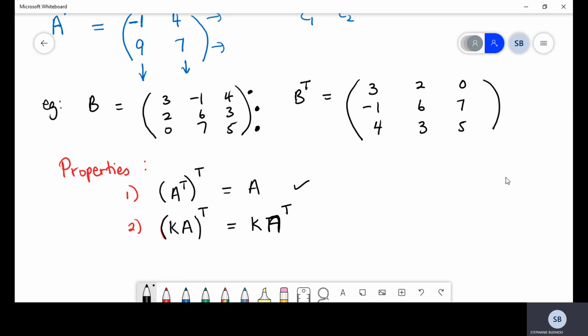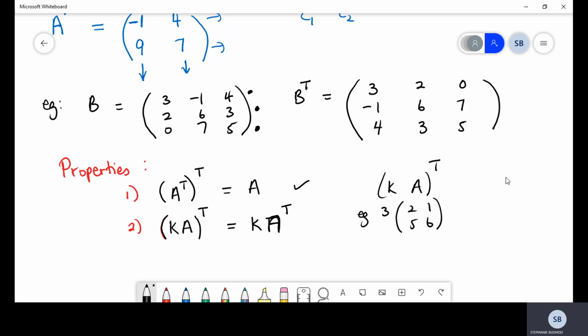Let's just say we had 3, brackets 2, 1, 5, 6. This is the matrix A here, this is your constant, and they're asking you to find k multiplied by A and then transpose. Well, there's one of two ways you can do this.